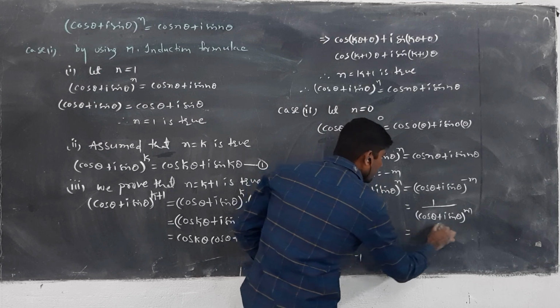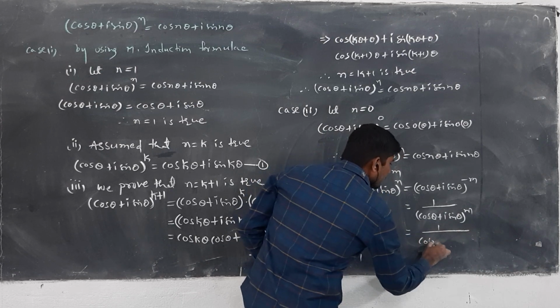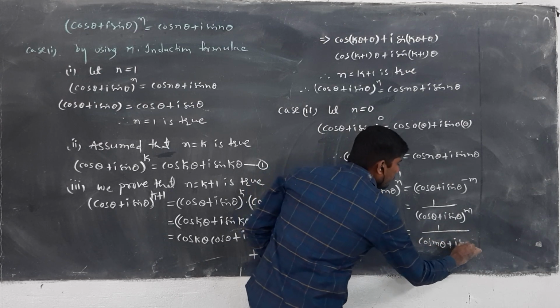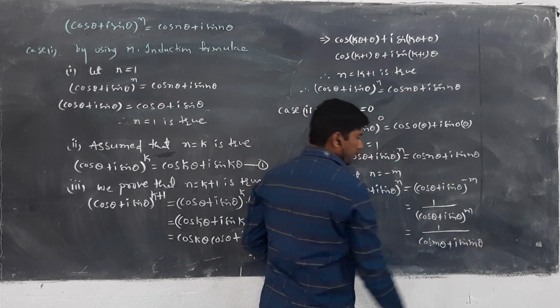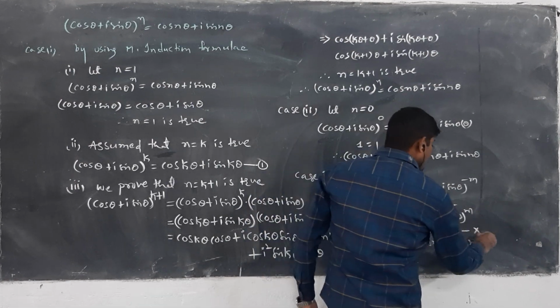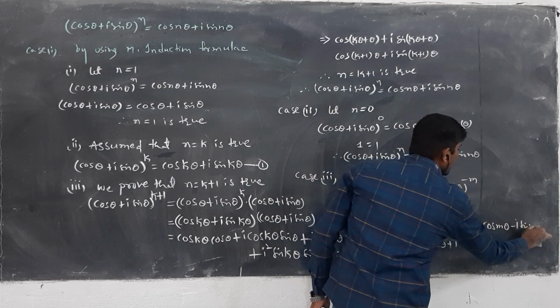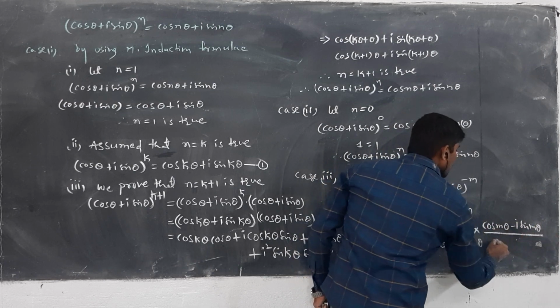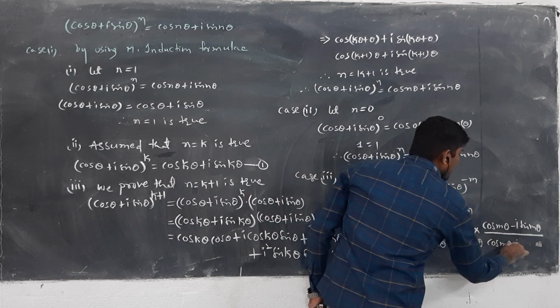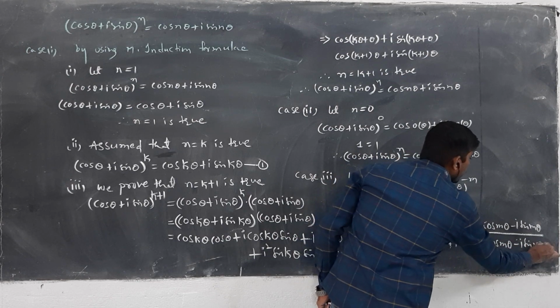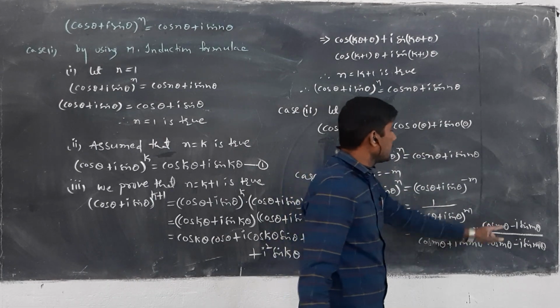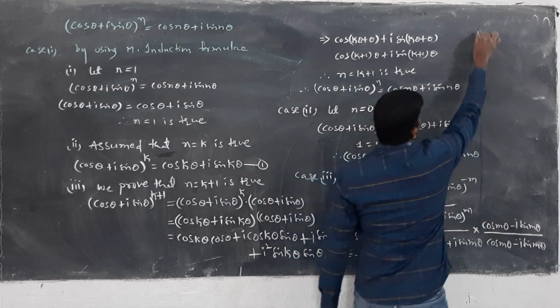That is equal to 1 by (cos m theta plus i sin m theta) from De Moivre's theorem. Rationalize with the conjugate: cos m theta minus i sin m theta by cos m theta minus i sin m theta. Here 1 into cos m theta minus i sin m theta.